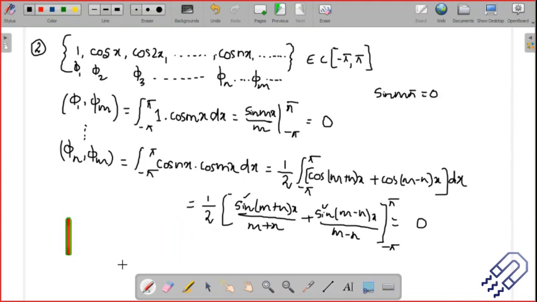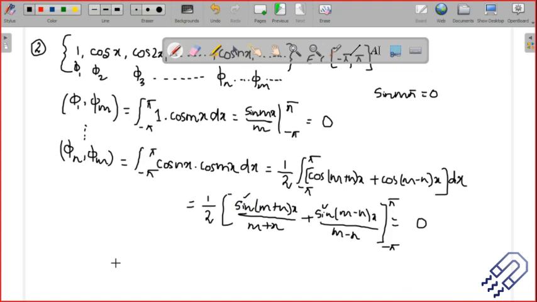So in general, we can say therefore that this is a set of orthogonal functions. We can take any term, and we will always see it is 0. So this is actually simple.